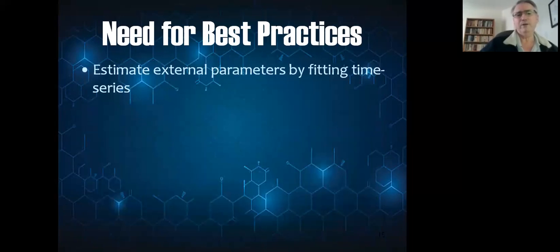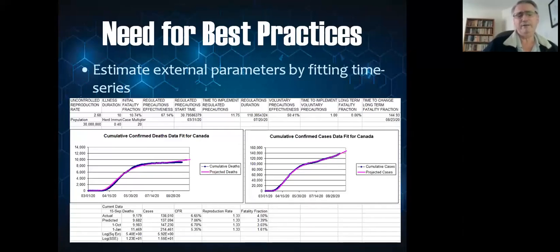Now, I suggest that if you want to find the values of the external values, you try to fit the model to time series data. And the way I do that, which is one way, it's not the only way, is I try to minimize the log of the sum of the squared error between the data and the model.